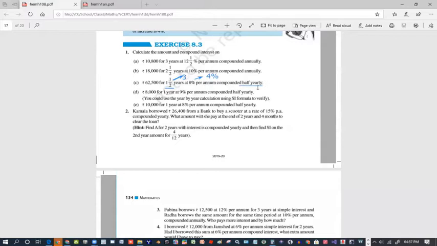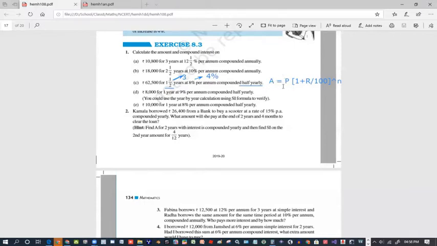So now the formula is the same. What formula you use is here. Amount equal to P bracket 1 plus R by 100 bracket close to the power time period n. Everything is the same as this one.